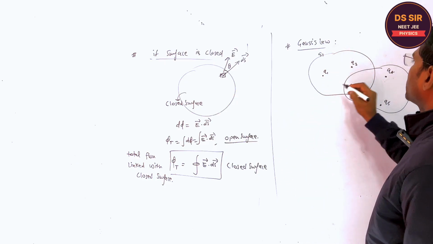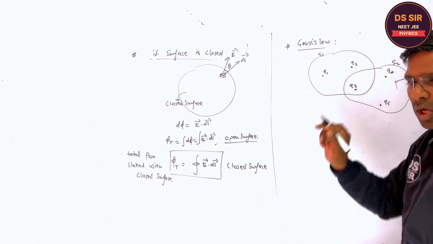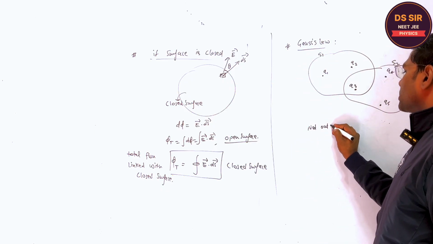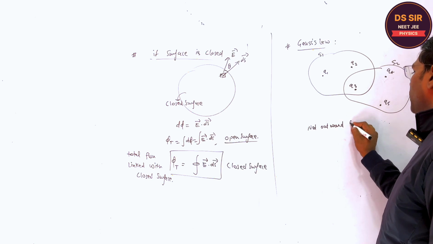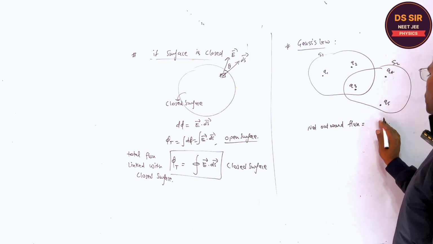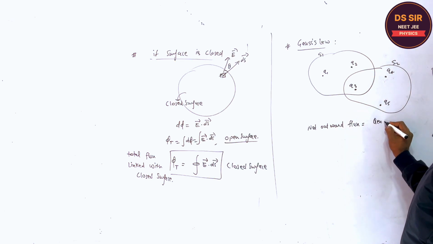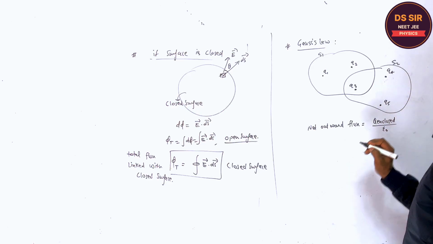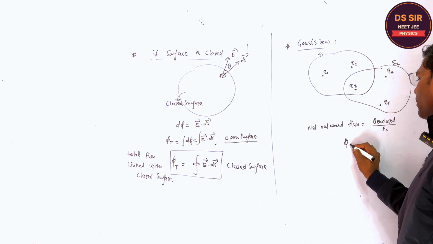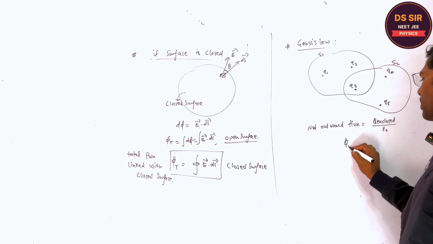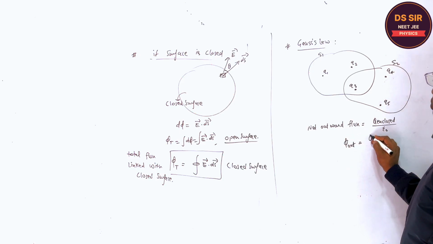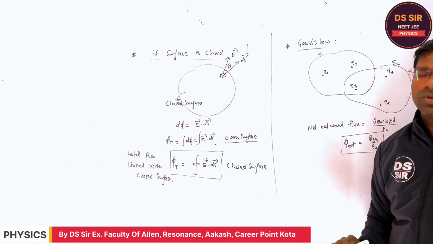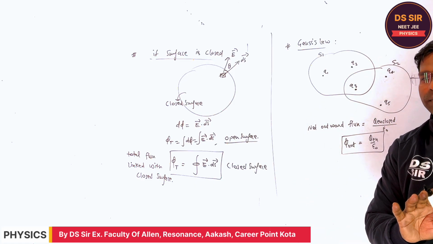This is surface S1, this is surface S2. According to Gauss's law, the net outward flux is equal to the charge enclosed divided by epsilon naught. This is called Gauss's law. Is it clear or not?